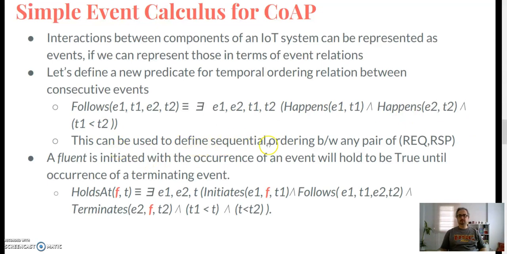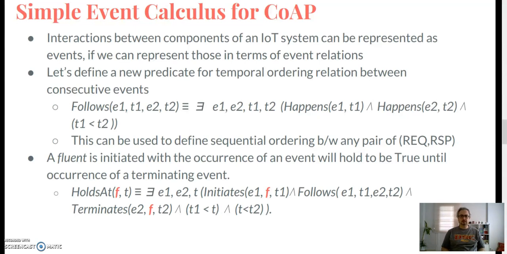So this can be used to define sequential ordering between any pair of request-response messages. If you consider that CoAP is a request-response message, then we can use this predicate function to express temporal ordering between any two CoAP messages.